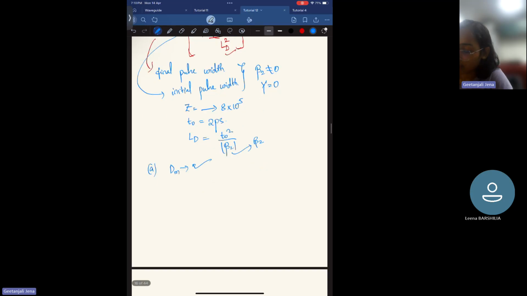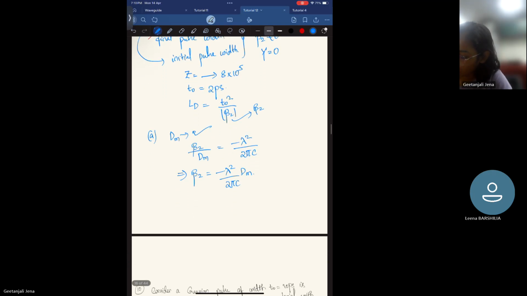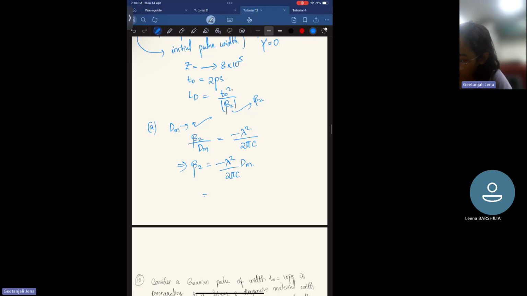If you recall, there is a relation between beta 2 and DM. If you take the ratio beta 2 over DM, this is nothing but minus lambda square by 2 pi c. So we can easily find beta 2 as minus lambda square by 2 pi c times DM. All the parameters are known now.